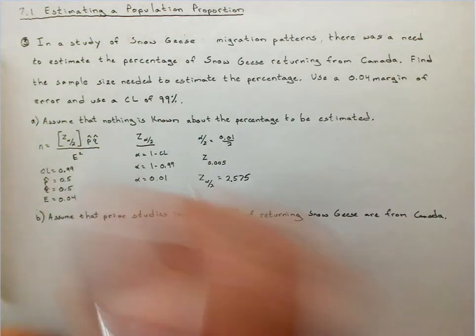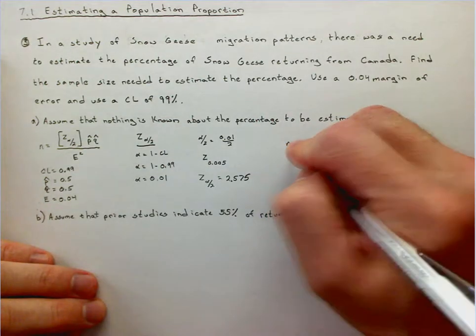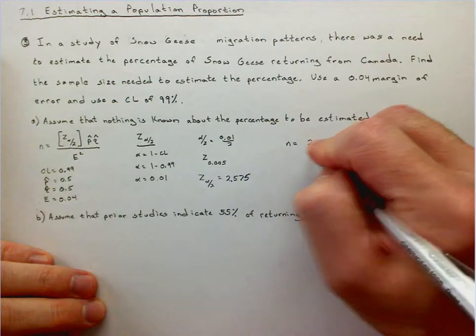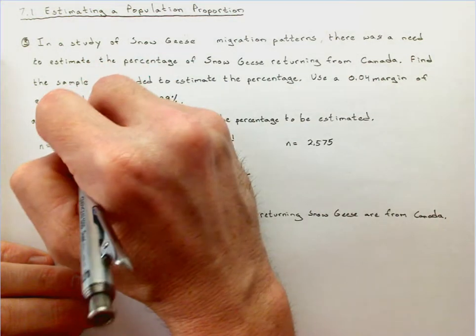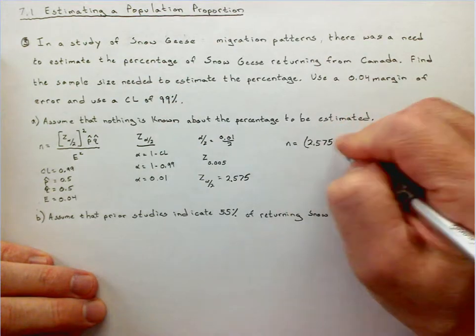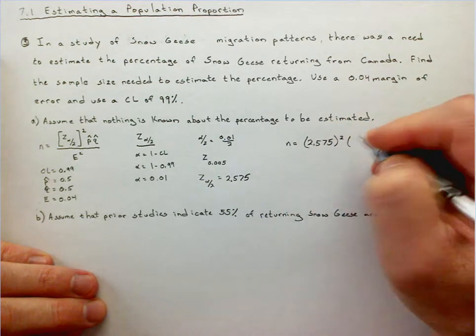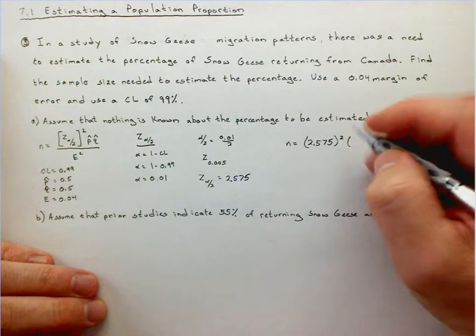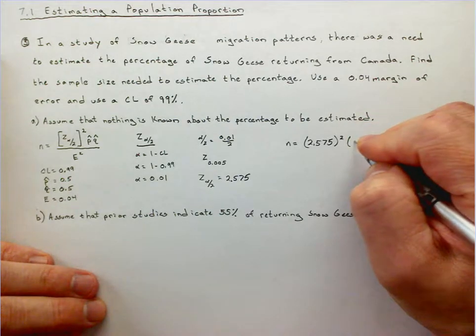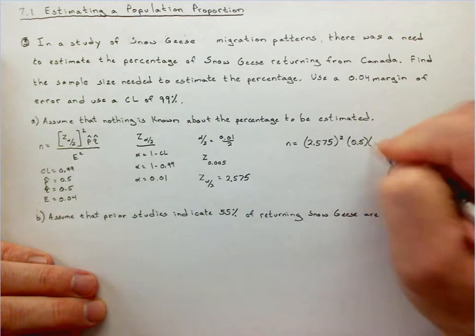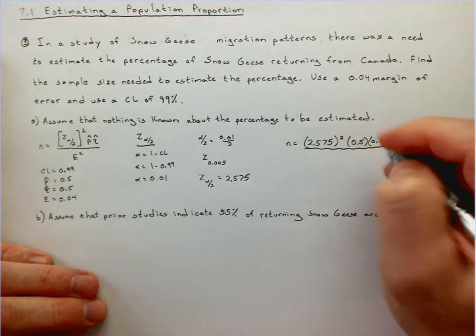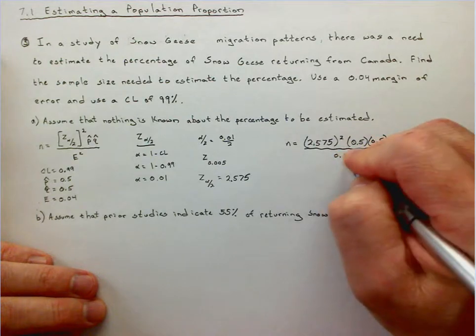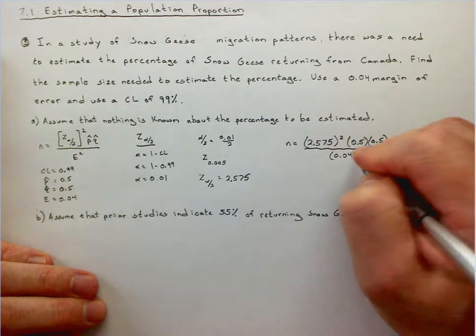Now I take my values and plug them into my formula. n equals 2.575, and I even left off that squared there. Goodness gracious. Times my p hat and my q hat. Well, I'll just write it out. All divided by e squared, 0.04 squared.